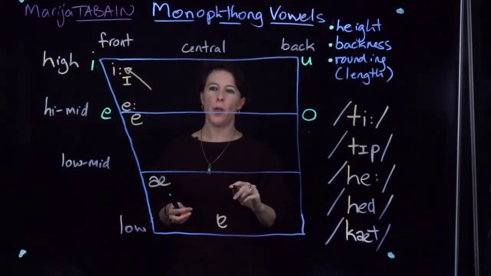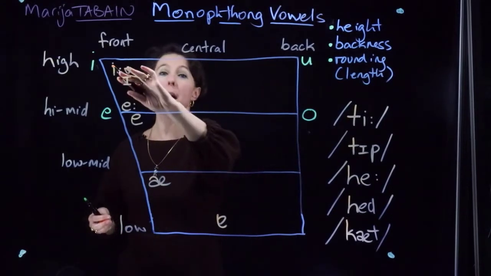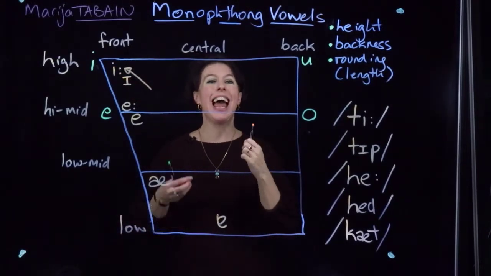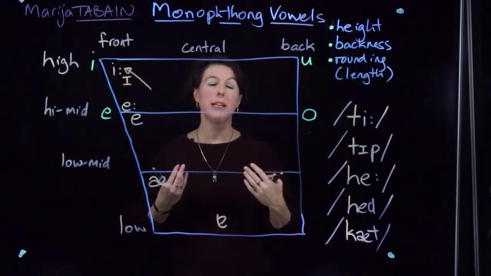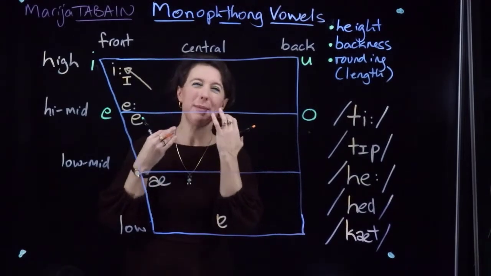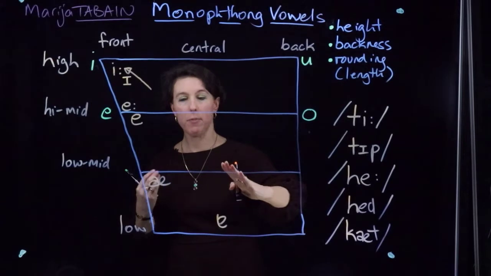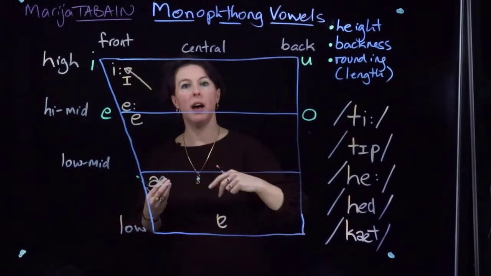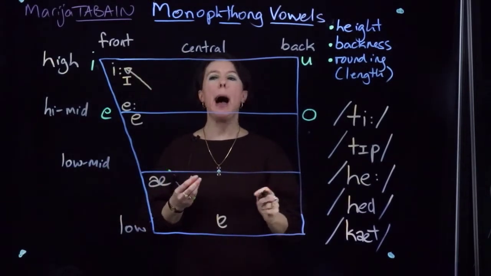That's to show you that the vowel is coming from the centre of the vowel space, and it's actually got some movement in it. I'm really exaggerating that, but it's coming from the middle of the vowel space and going upwards.